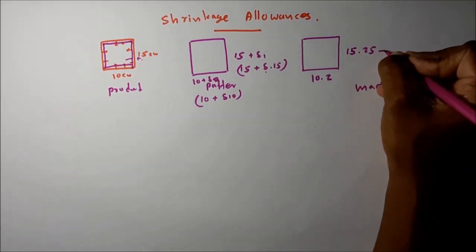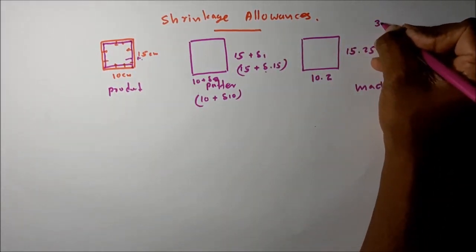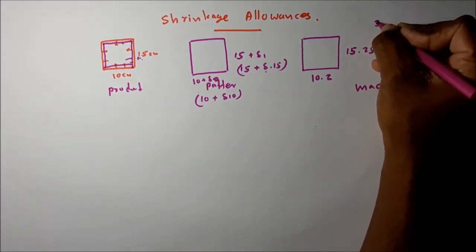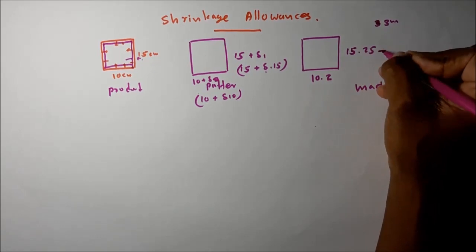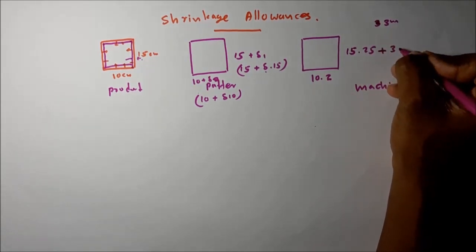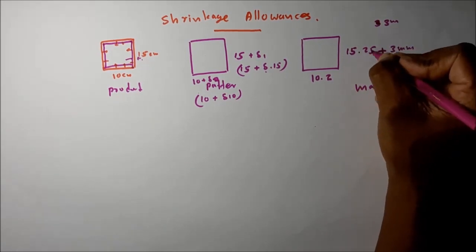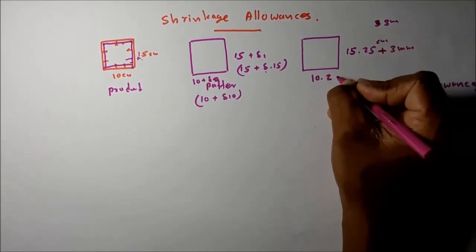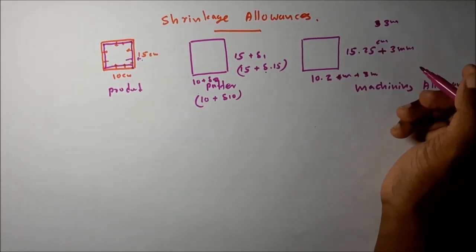So let's take we want 3 millimeter. That means we have to make this pattern by giving a machining allowance of 3 millimeter also: 15.25 centimeter plus 3 millimeter, and 10.2 centimeter plus 3 millimeter. Something like that.